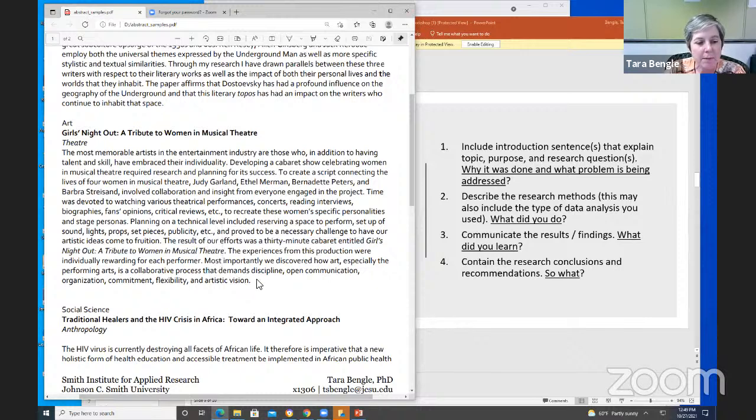So this particular example, although I've pointed out some places where it's a bit wordy and contains information that may not be necessary, could help you with your own senior thesis as you write up the abstract to describe what you're doing for your thesis project.